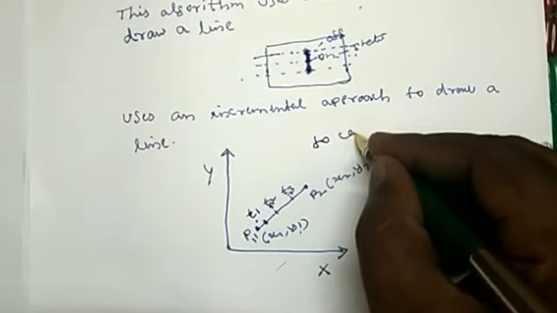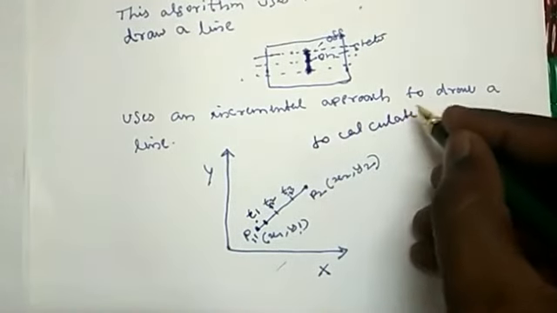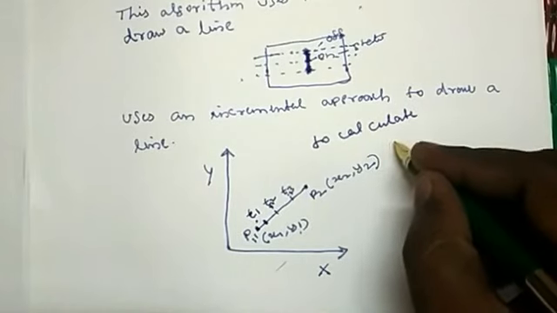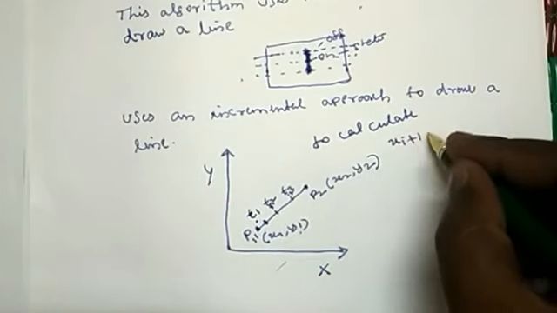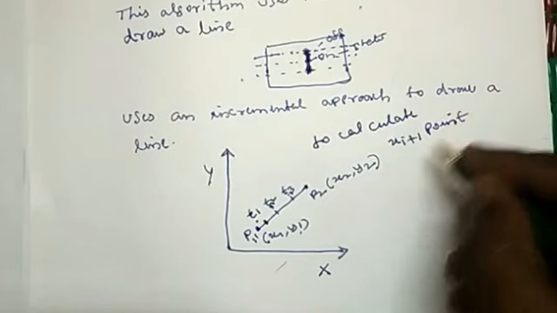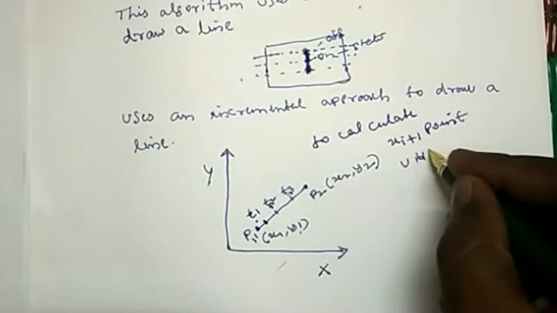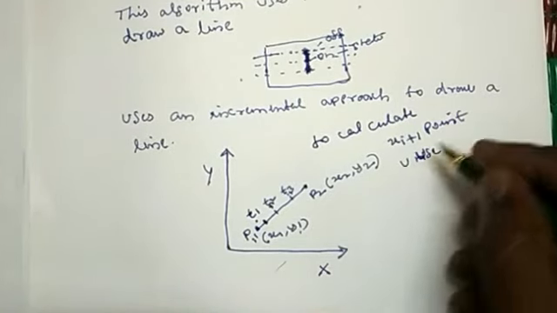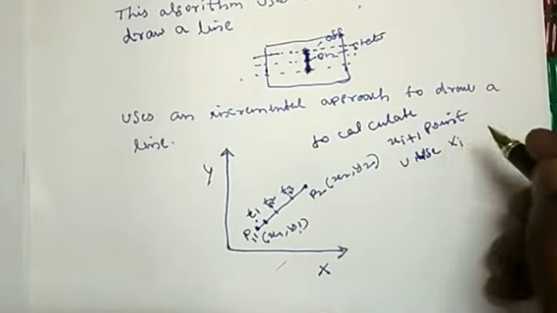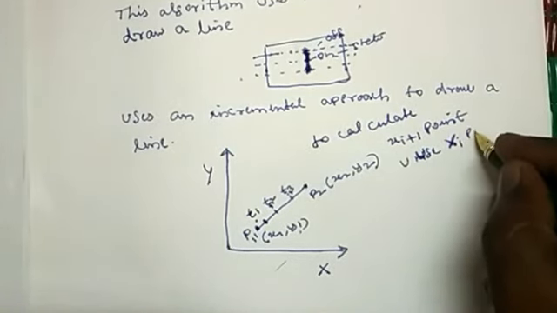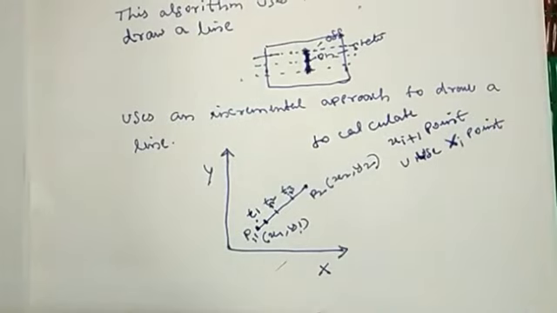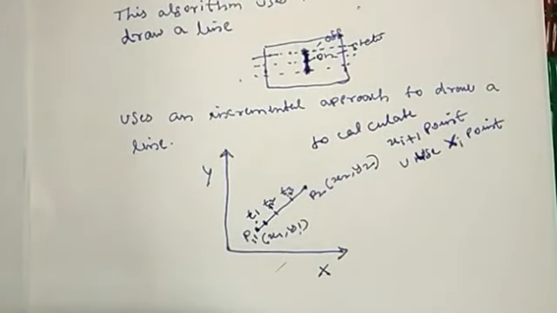To calculate the x(i+1) point, you use the x(i) point. That's why this algorithm is called an incremental approach algorithm.